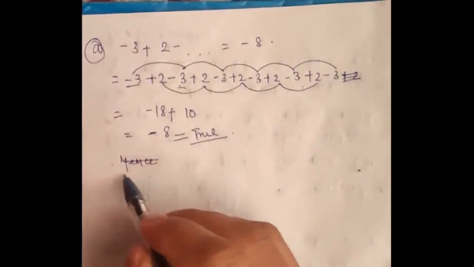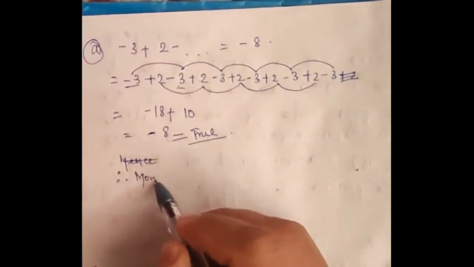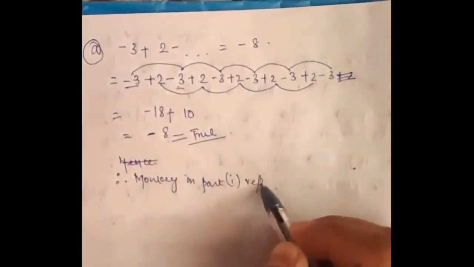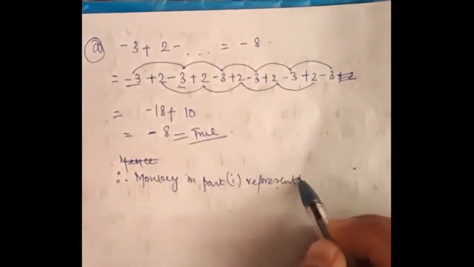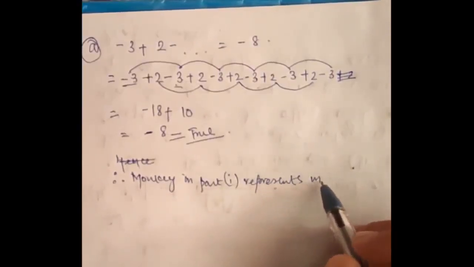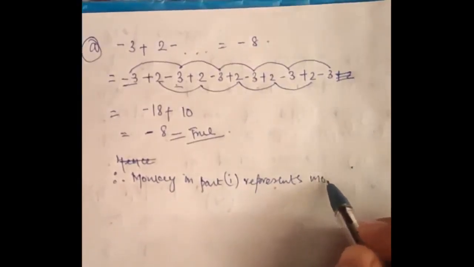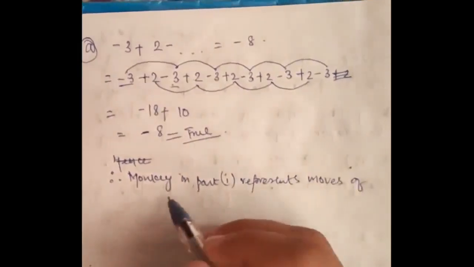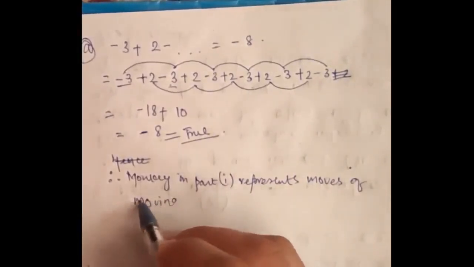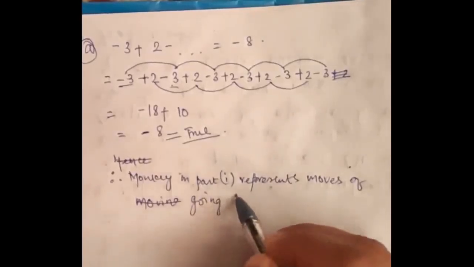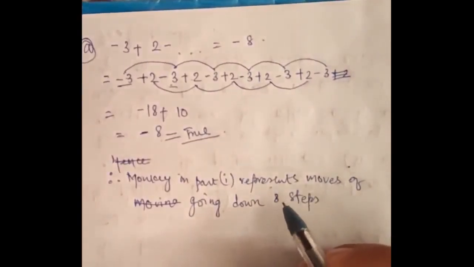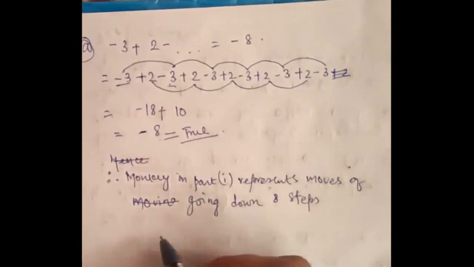So we can write: therefore, the moves in part 1 represent the monkey going down 8 steps.